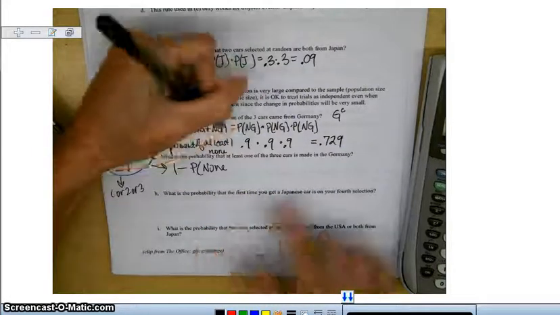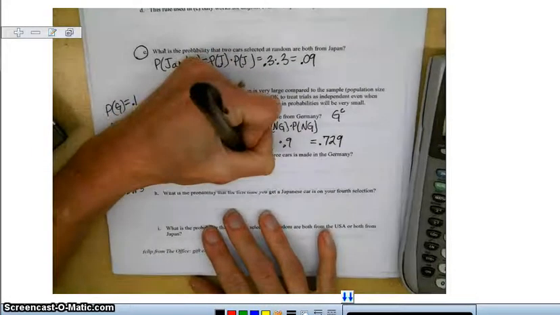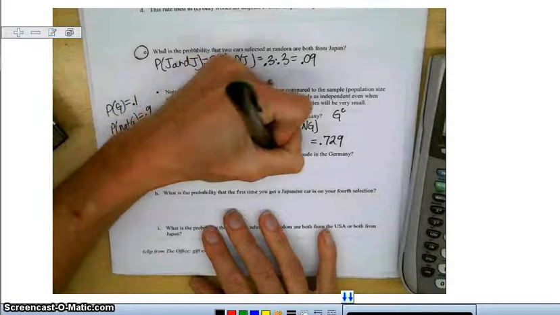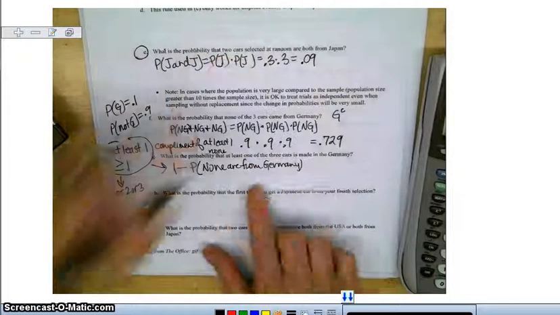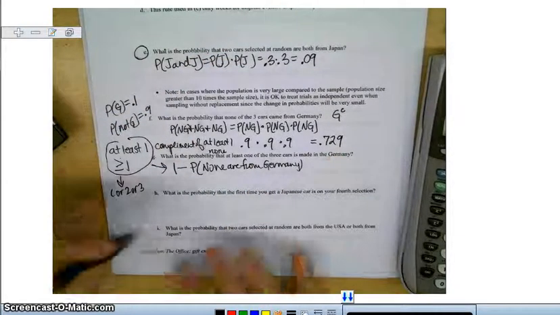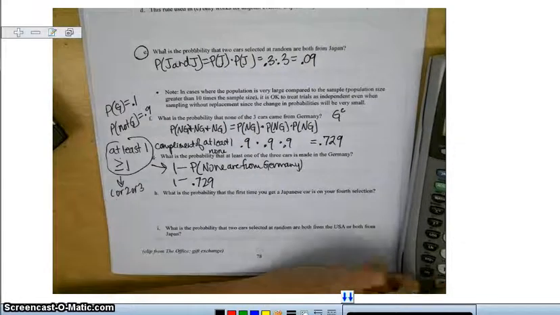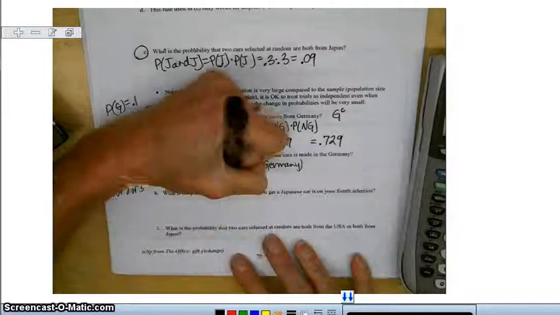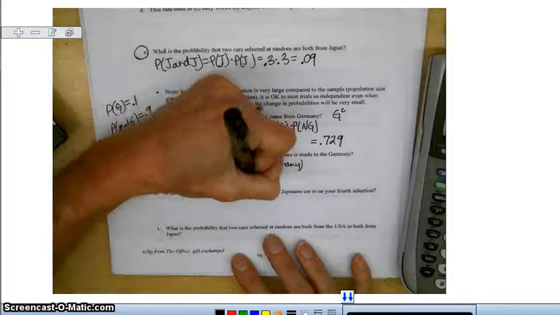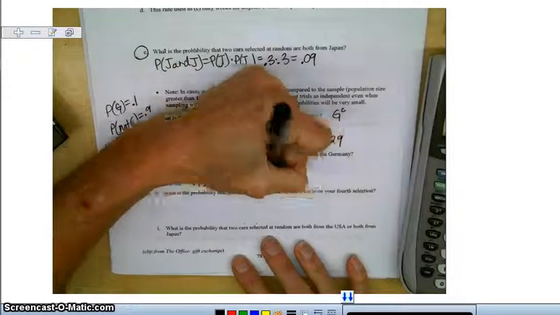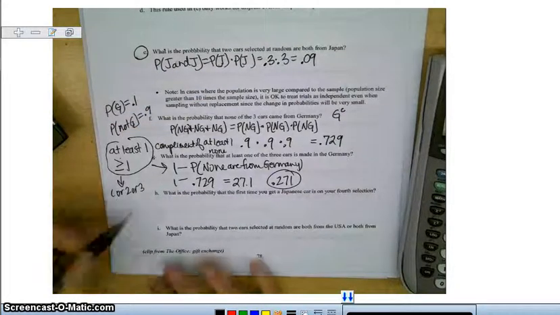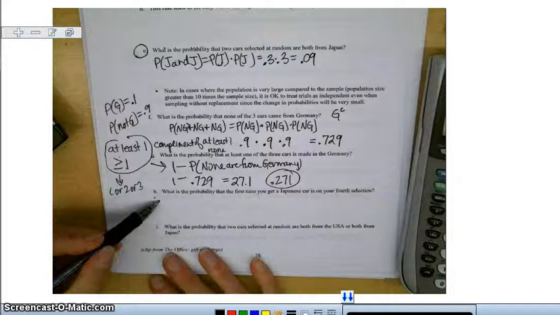So the probability that none are from Germany, well, we just calculated that probability in the problem up above. So our answer will be 1 minus 0.729, which is 0.271.